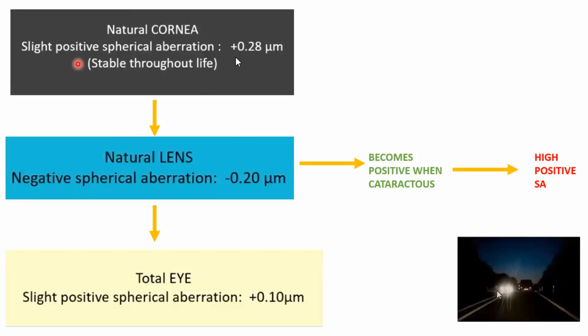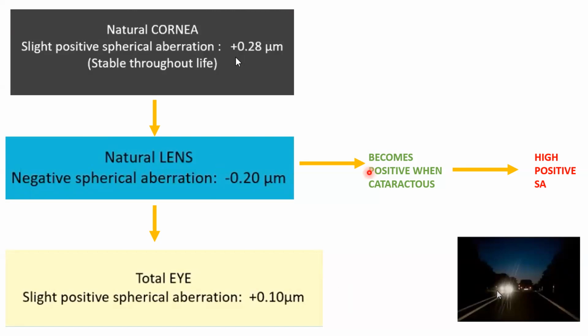The normal cornea has a slightly positive spherical aberration of plus 0.28, and it remains constant throughout life. The natural human lens has a negative spherical aberration of around minus 0.20 microns. So in total, the eye has a slightly positive spherical aberration of plus 0.10 microns.